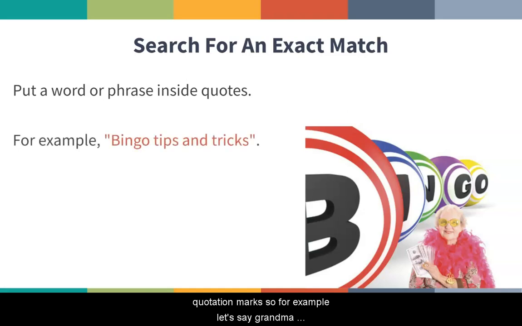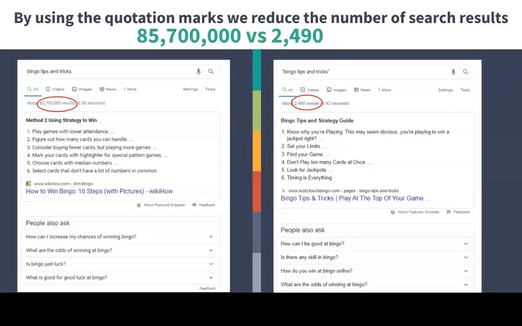So for example, let's say grandma wants to find some tips and tricks to beat her friends at bingo. She would put in quotations, "bingo tips and tricks." Okay? By using the quotation marks, we reduced the number of search results from 85,700,000 without the quotation marks down to 2,490.